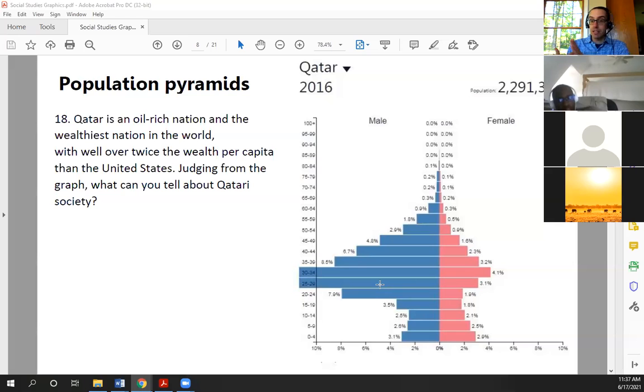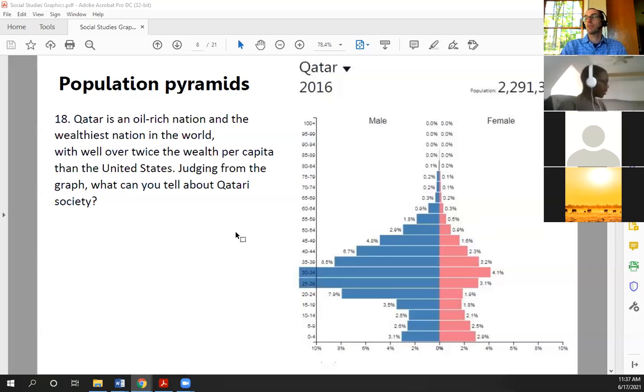It'd be interesting to see the numbers. How many Qatari immigrants are men? I'm guessing most, right? Maybe all, who knows? And for whatever reason in Qatari society, they're not immigrating in very many women. So that's kind of crazy looking.